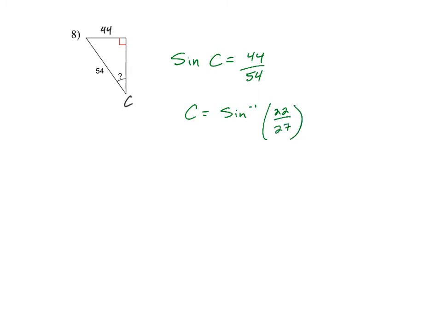Now the measure of angle C equals 55 degrees. On your calculator, you probably have to press second function, then find sine, the inverse function of sine, and press enter.